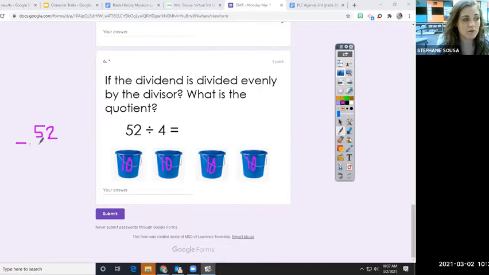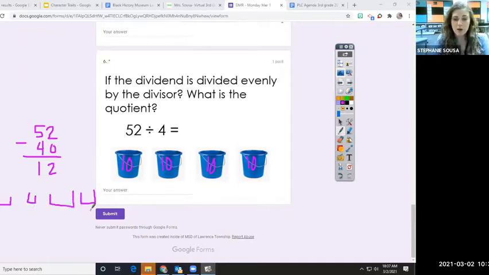So I started with 52. I subtracted 40. That's going to give me 12 left. Now that I have 12 left, now I'm only dividing 12 by 4. 1, 2, 3, 4. And I know that 12 divided by 4 is 4, 8, 12, 3 things.